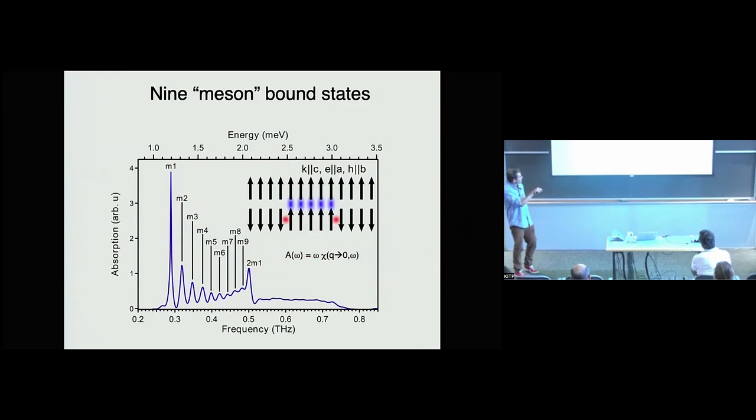Another peak here that we originally called 2M1, and then this broad blob here that we originally had associated with a continuum of states. M1, M2, M3 are associated with bound states of domain walls, and we had associated this blob here as a continuum of M1 states. But now, as I'll show you, we have a refined understanding of this.